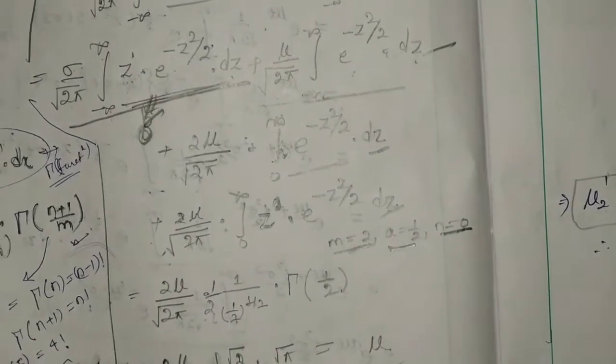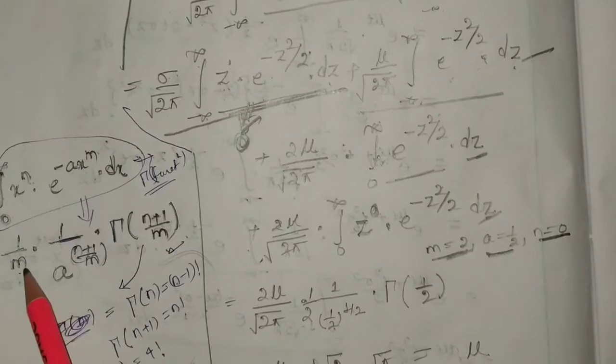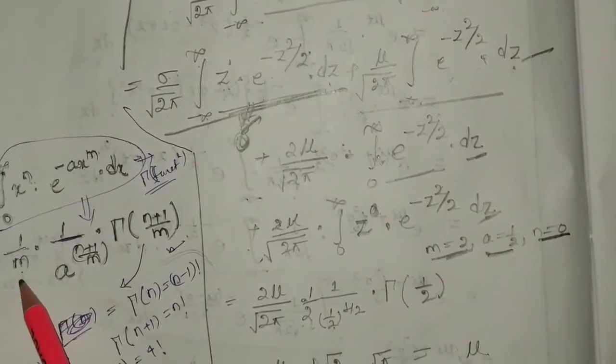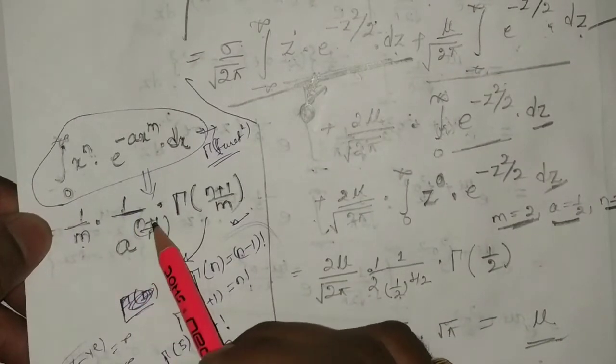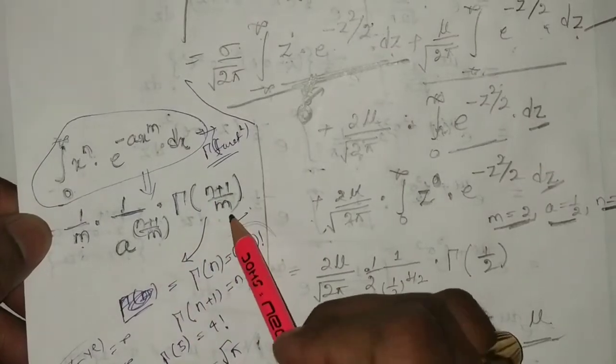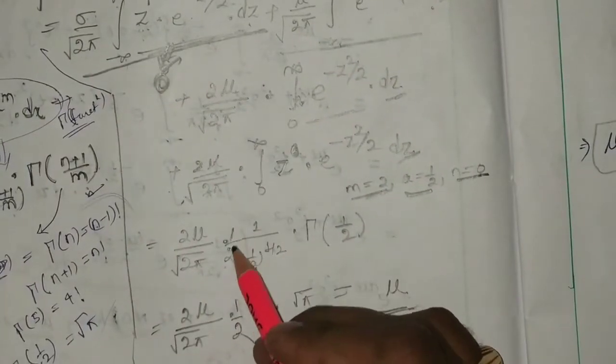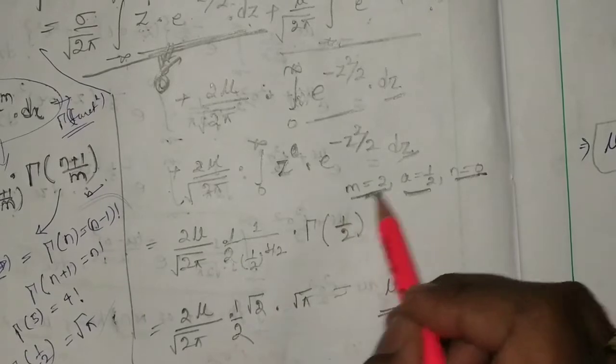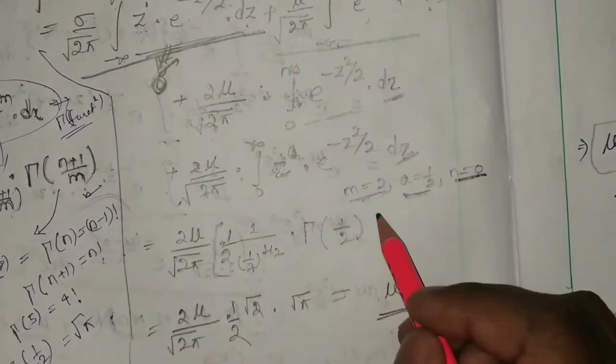So what is the value? That is 1 by m, into 1 by a to the power n plus 1 by m, gamma of n plus 1 by m. So here 1 by m means 1 by 2. I am considering this integral only.